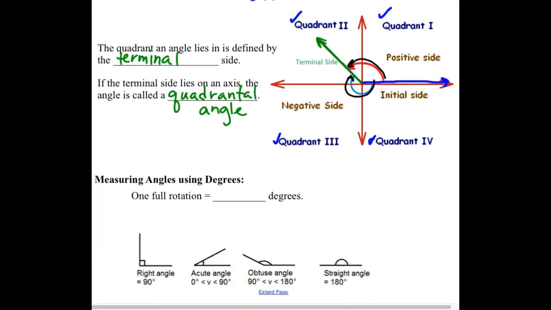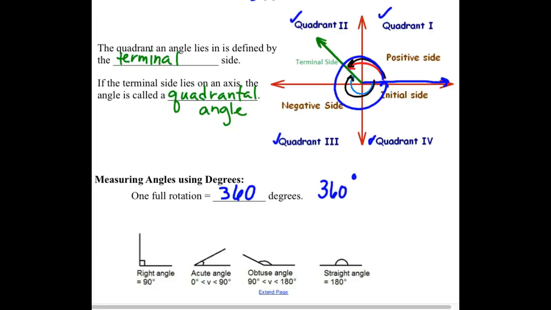All right, so you've been measuring things in degrees, and if we went all the way around the circle, okay, so from here all the way around to there, how many degrees would that be? 360. So one rotation is equal to 360 degrees. Typically we don't write the word degrees, we just use the little degree symbol, okay?